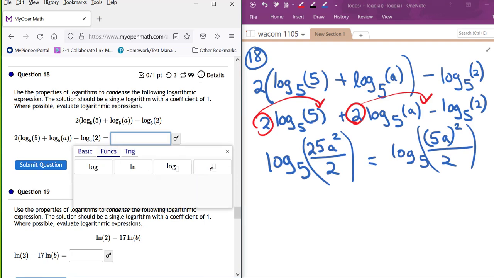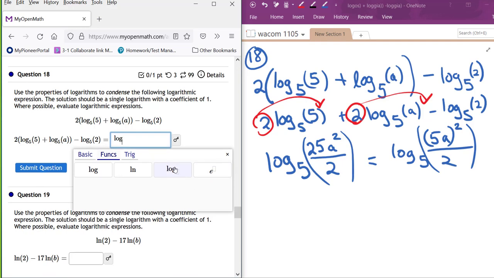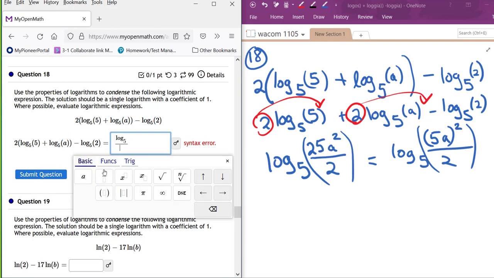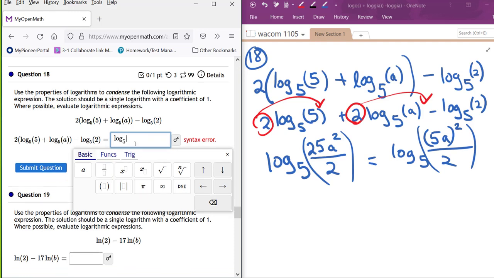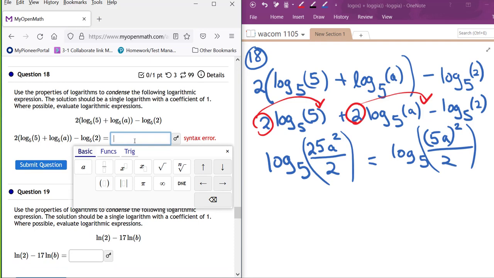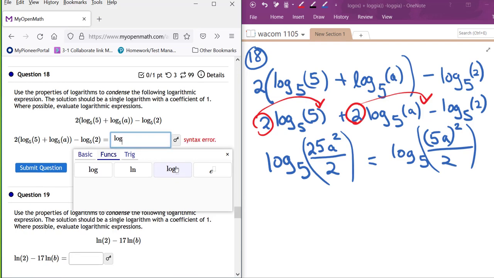So, this one, base 5, and we'll come out of that. We want a fraction here. And that was not what I wanted. So we'll start over and do this. So we have the log base 5.